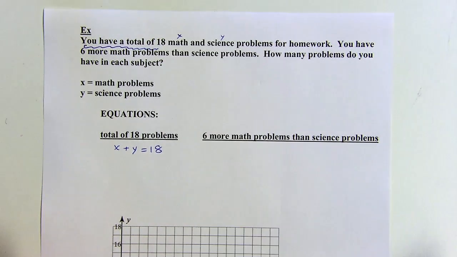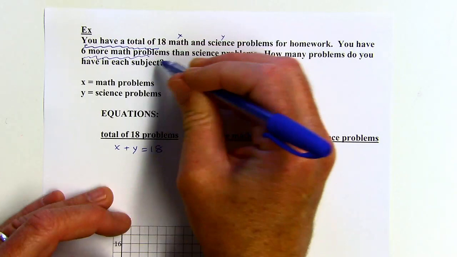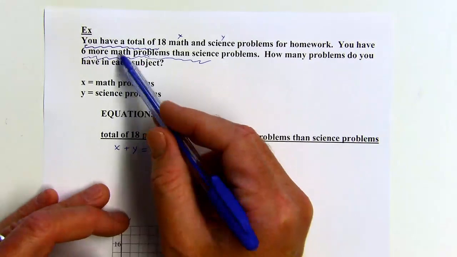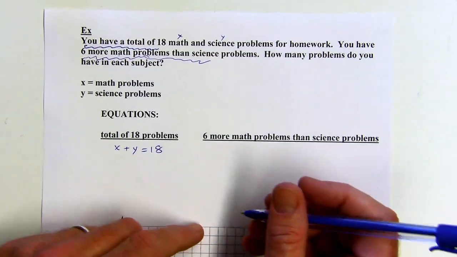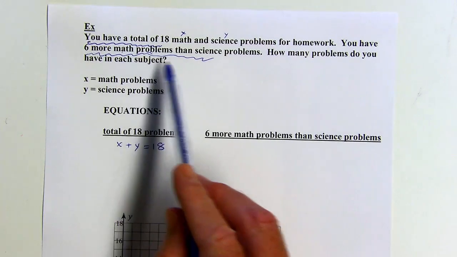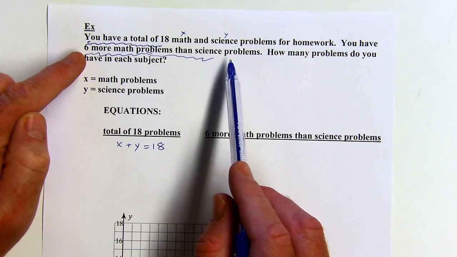Then it has this other part where it talks about I have 6 more math problems than science problems. Okay, so 6 more X's than Y's, right? So I'm thinking, which one do I have more of? I have more math problems. So I could take the math problems and subtract 6, and that would equal the science problems.